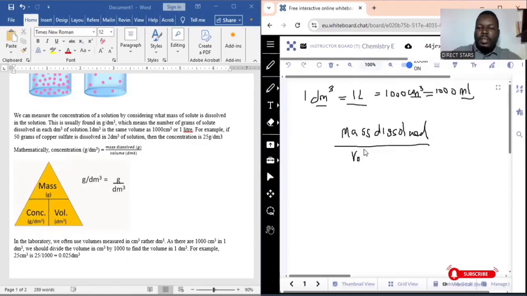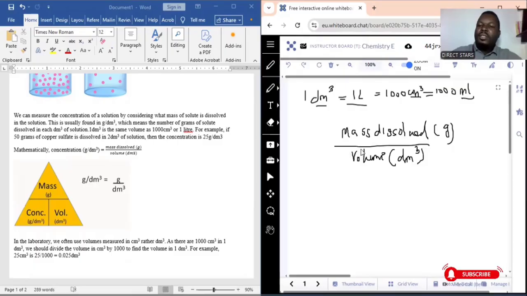Please ensure your volume is in dm cube and the mass is in gram.